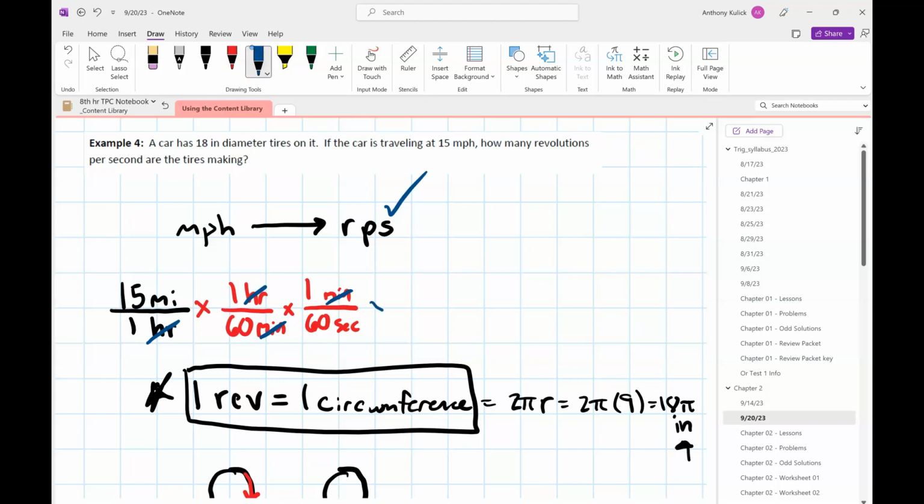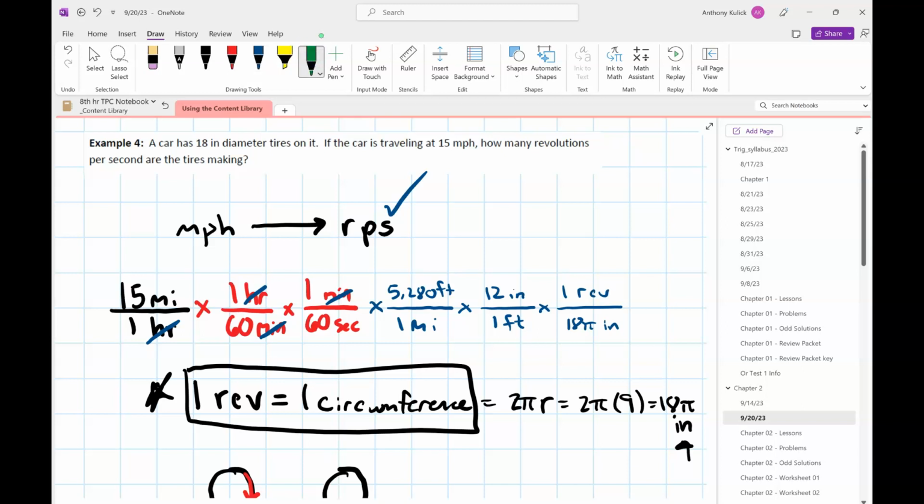I know 1 mile is 5,280 feet. And I know 1 foot is 12 inches. And then I can say that 18 pi inches is 1 revolution.